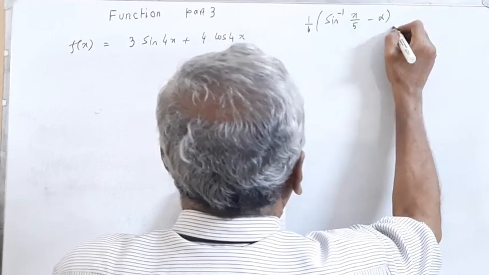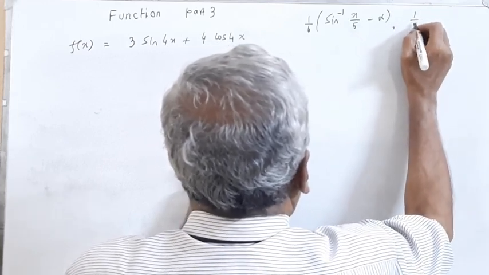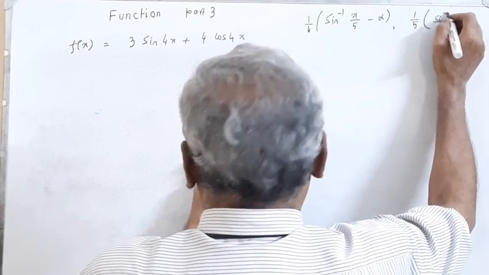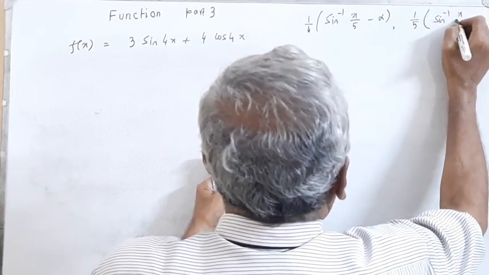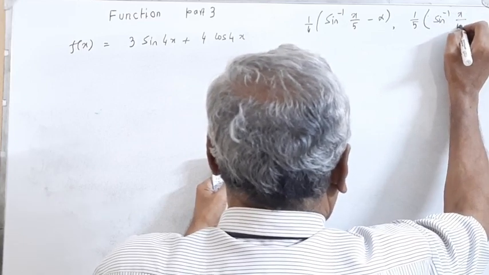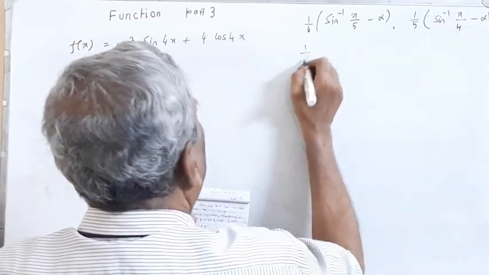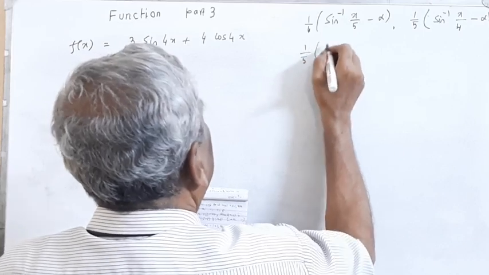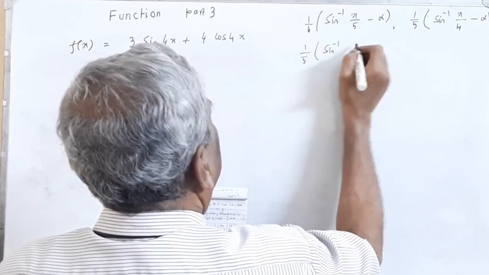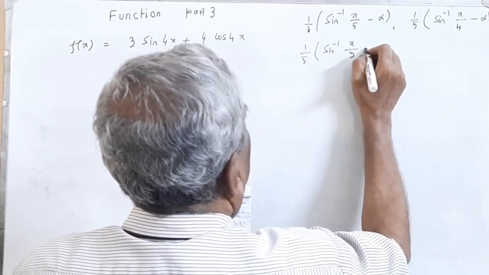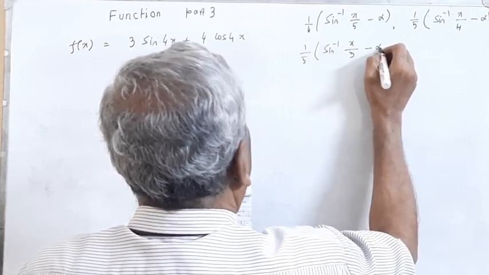Then the second option is 1 by 5 sin inverse (x by 4) minus alpha. Next, 1 by 5 sin inverse (x by 3) minus alpha.